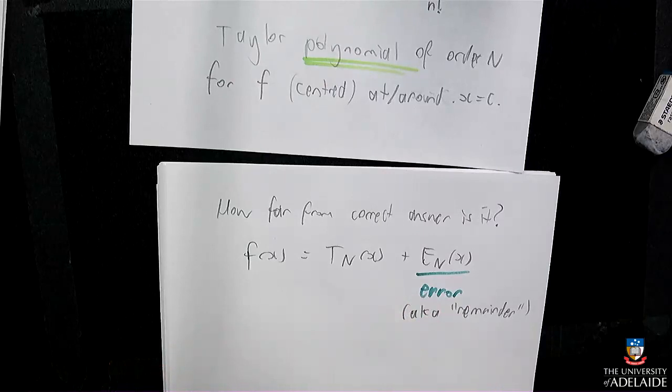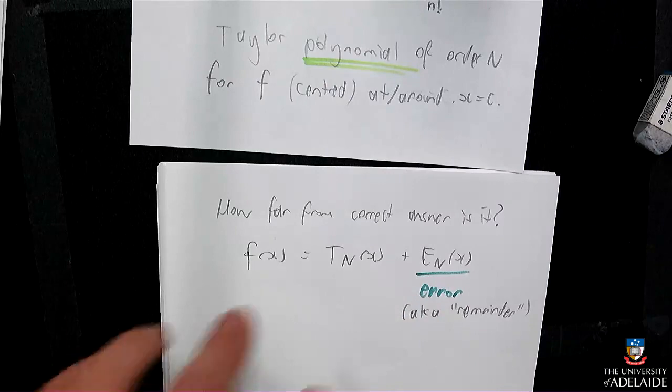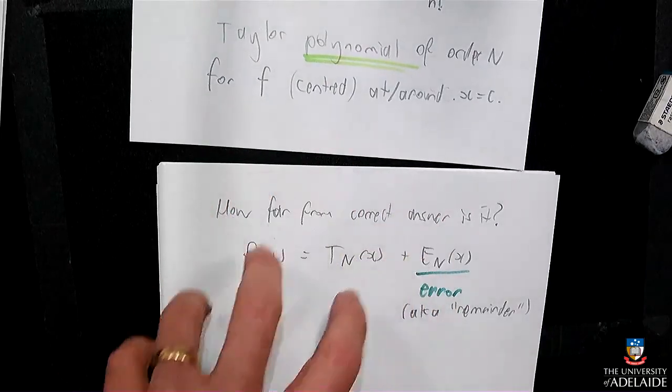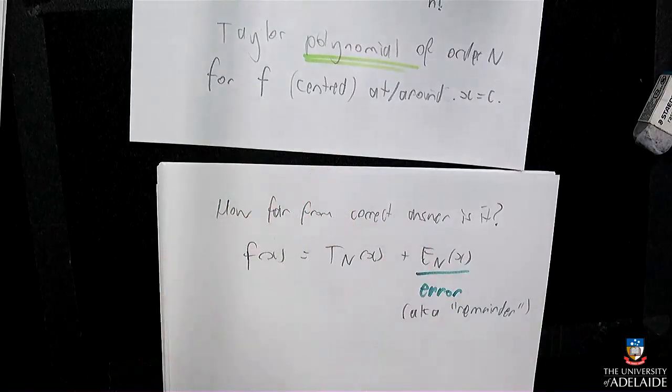So we'd like a way of doing that without having to calculate the actual function. And also, remember, think about this several hundred years ago when we don't have a machine that has sin x built into it, and we need to figure out what sin x is as an approximation, and we need to figure out how bad our approximation is without knowing what sin x actually is. That's what we're going to be trying to do.